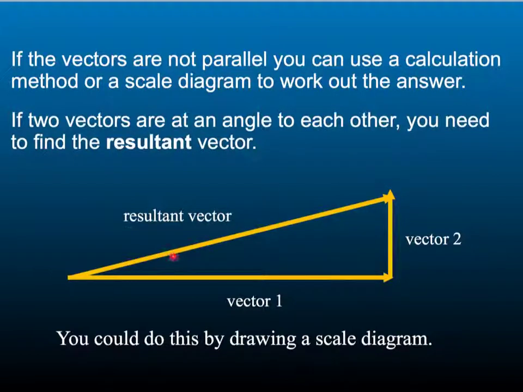And if we want to find the angle or the direction of this vector, then we need to use trigonometry. So you can do it by calculation, or you can also do it by drawing a scale diagram and measuring the length of that side and the length of that side. And then if you measure the length of that side, it will give you the resultant. And you can also use a protractor to measure the angle.